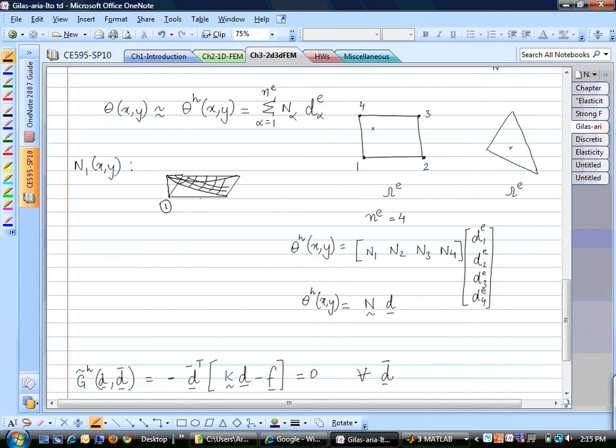Obviously it is a function of x and y. Similarly, you would have N2, which is also going to be a function of x and y, N3 a function of x and y, N4 a function of x and y, and all those shape functions also look very similar.